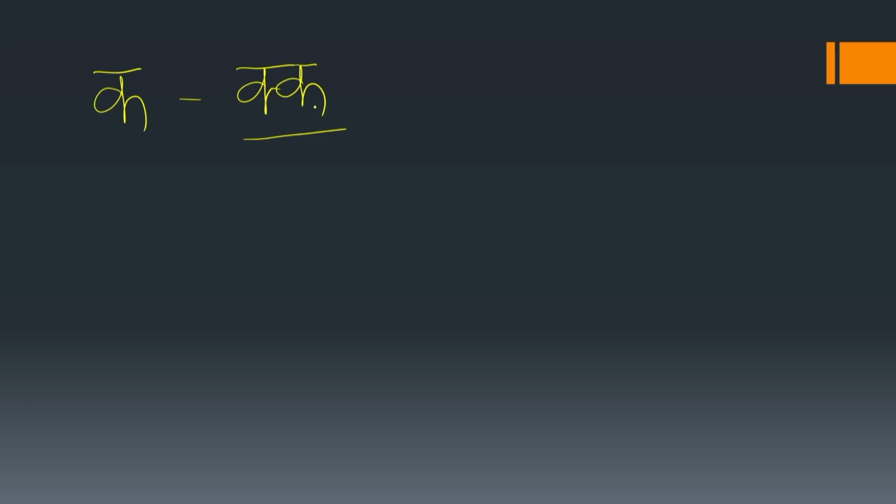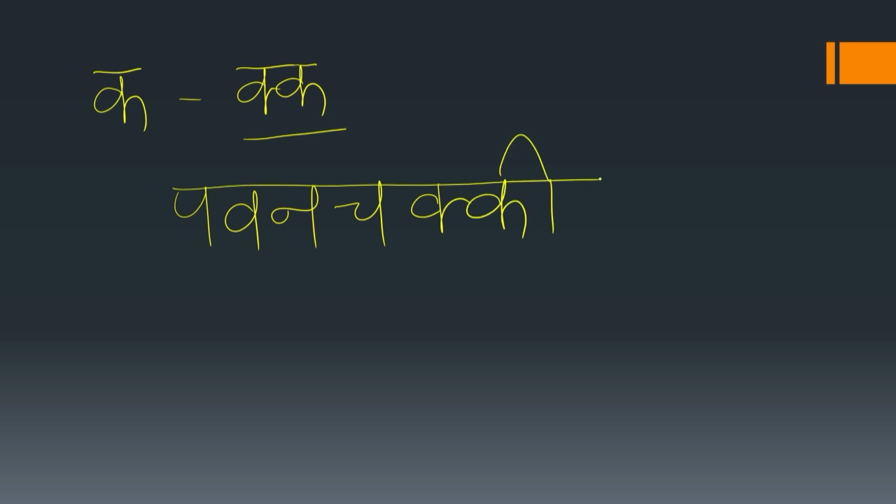These are the same consonants clubbed together, half k and full k. An example of this conjunct, pavan chakki. Pavan chakki means windmill.